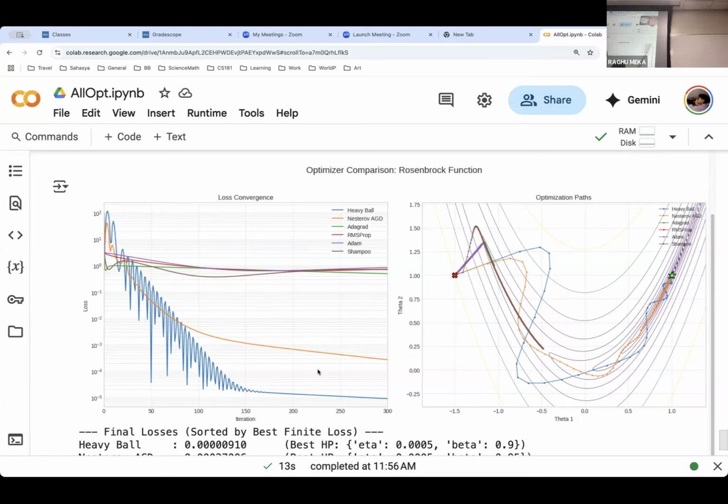Even between heavy ball and Nesterov, you can concoct examples where Nesterov beats heavy ball hands down, but there's only one small difference in the update. Okay, but I would say this should not be very concerning because here we're working with exact gradients. When you add noise, I think then somehow these methods will start doing much better. Okay. Yeah, you can see the trajectories are just all over the place here.